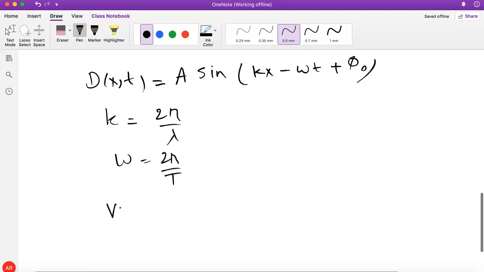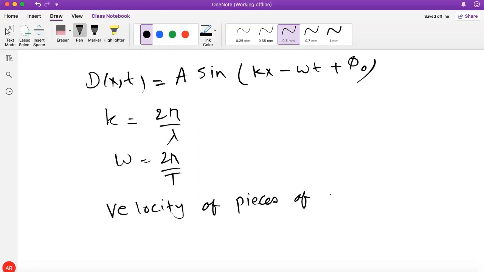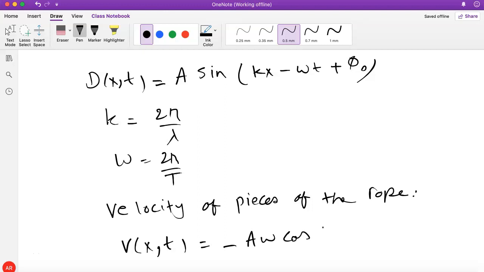So the velocity of pieces of the rope, we found it to be v of x and t equal to minus a omega cosine kx minus omega t plus phi naught.